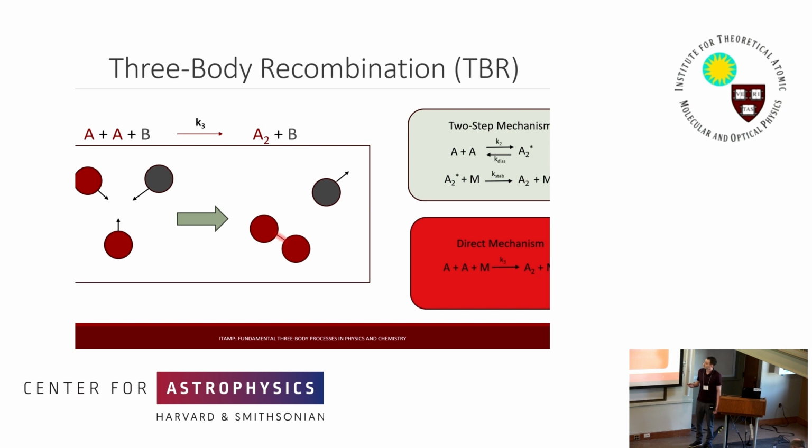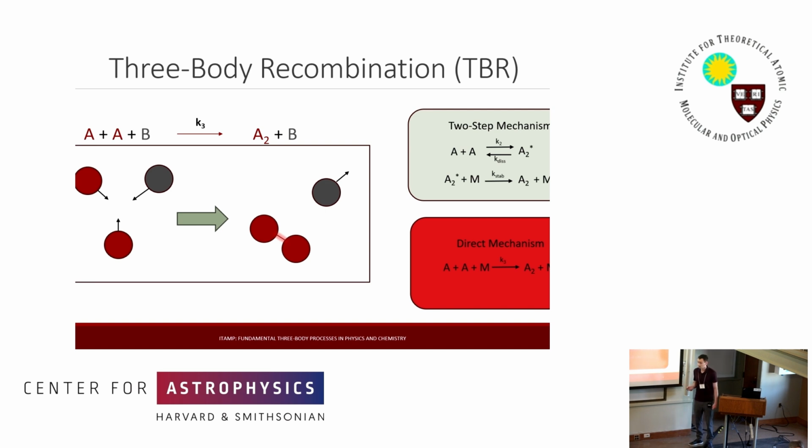The typical way that chemists and physicists have used to find these rates is through two-step mechanisms, as we saw from Robert Forey's talk yesterday, where first two atoms collide to form some metastable complex, and then a third body comes in to stabilize that molecule, and then master equations are used to calculate the K3.